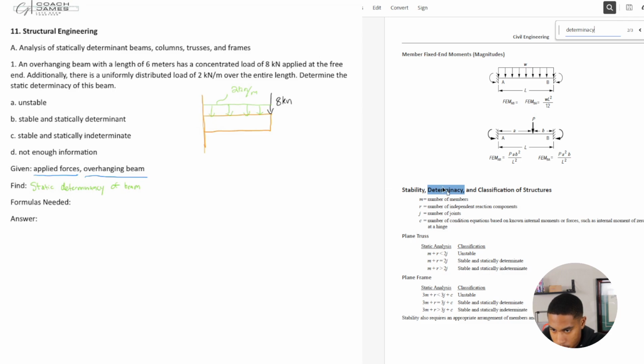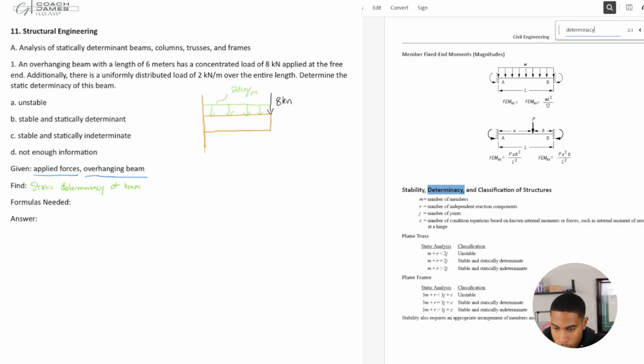With this, you can find whether something is stable, unstable, statically indeterminate, or statically determinate. And that's what our answer choice is pretty much asking us for.